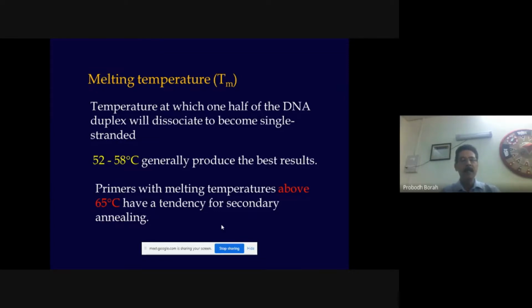But if necessary, you can take a melting temperature starting from around say 47 to 48 degrees Celsius to around say 60 to 62 degrees Celsius if necessary. But never it should go below 45 degrees Celsius and above 65 degrees Celsius. Okay, lower the melting temperature, more will be the annealing, and therefore again non-specific annealing may take place.